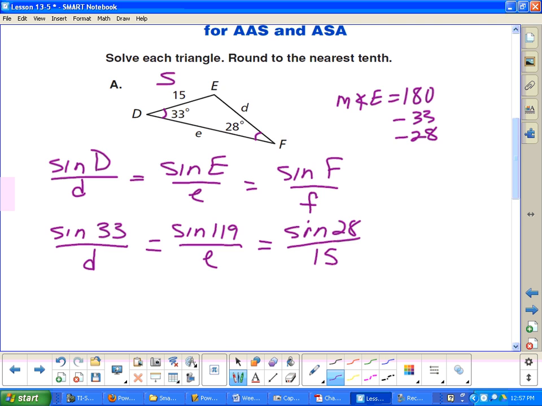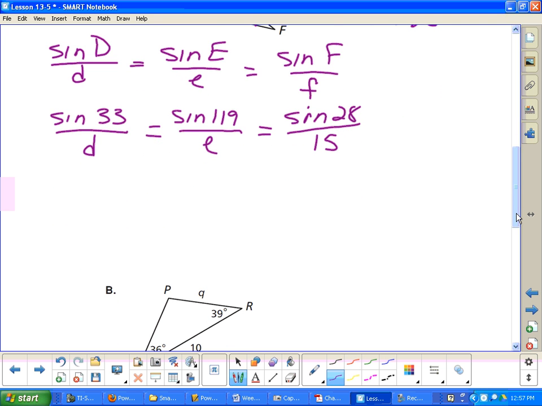So what we're going to do now then is, we all know how to work with proportions, right? All right, we did the warm-up, cross multiply and divide, Mr. Herendeen told us. Okay. So what we're going to do is set up the ratio that we know with both of the other two. So sine of 33 over D, I'm going to set that equal to the sine of 28 over 15.